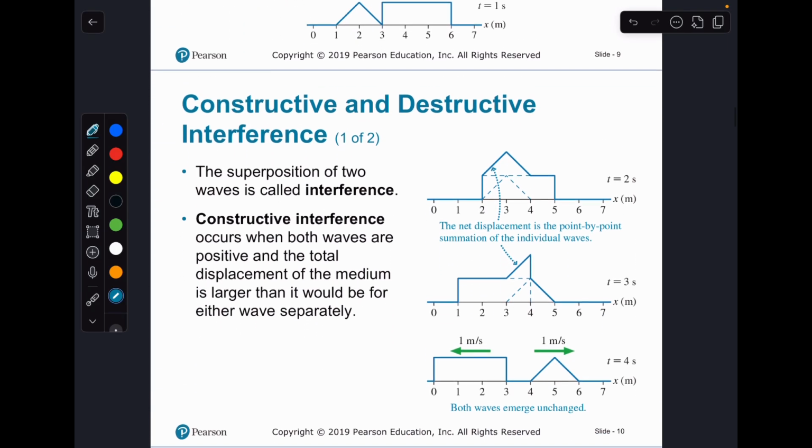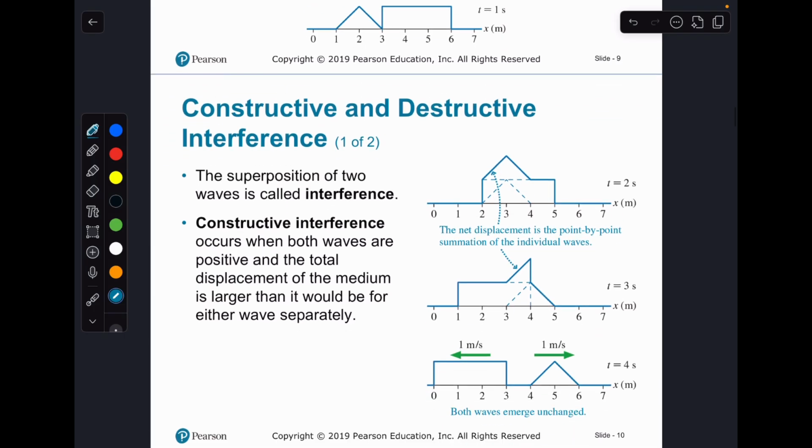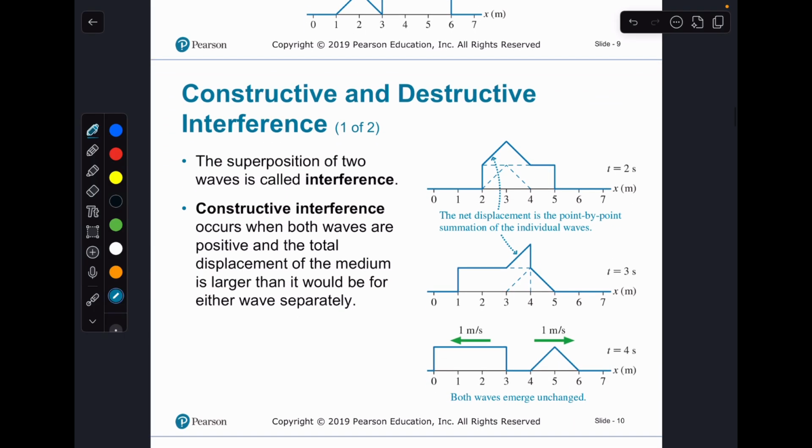On the next slide, about 2 seconds later, those wave pulses have met, and the wave present at that location is simply the sum of those two displacements. You can see the triangle wave being added to the rectangular wave, creating a much larger, differently shaped combined wave, simply by adding them together.